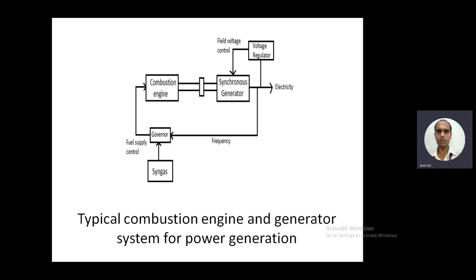If the power generated is higher, or the load reduces, meaning generation is higher than the power demand, that causes an increase in the system frequency. And when there is an increase in the load, meaning the power demand is higher than the power generation, that causes a decrease in the system frequency.